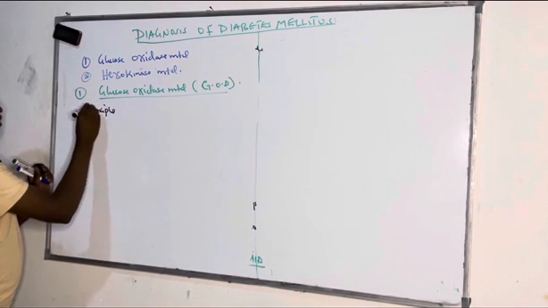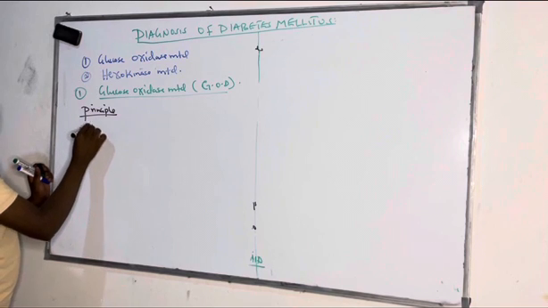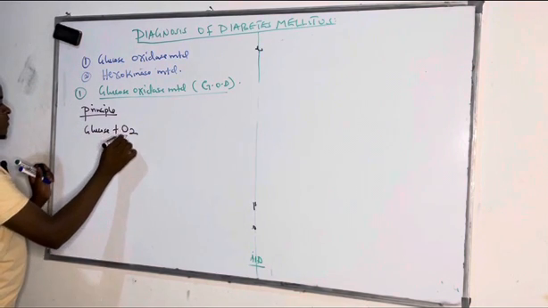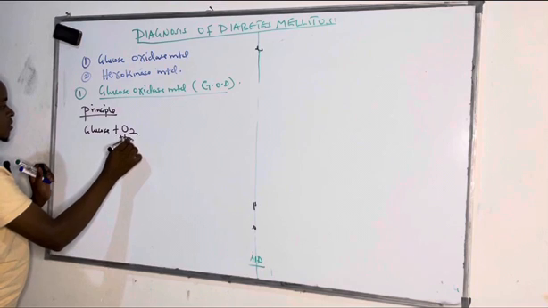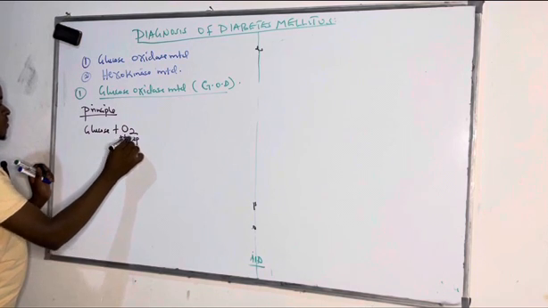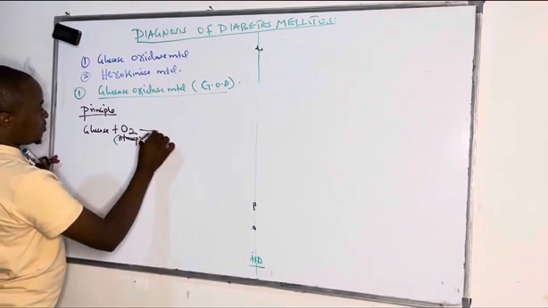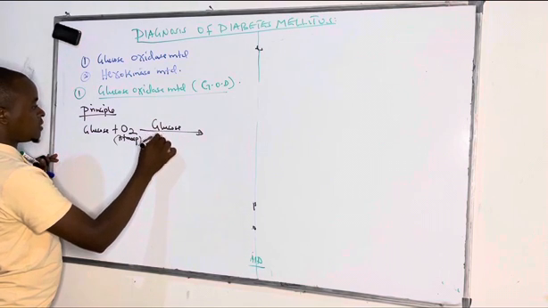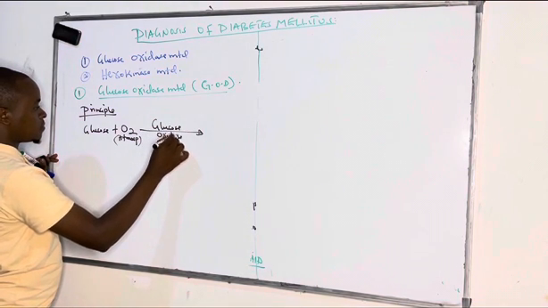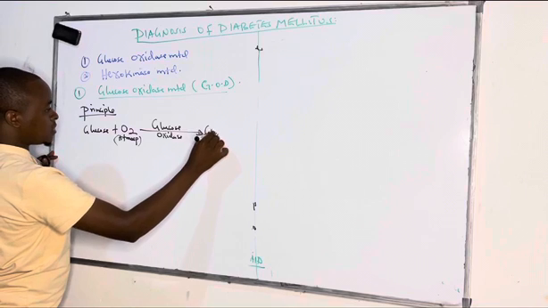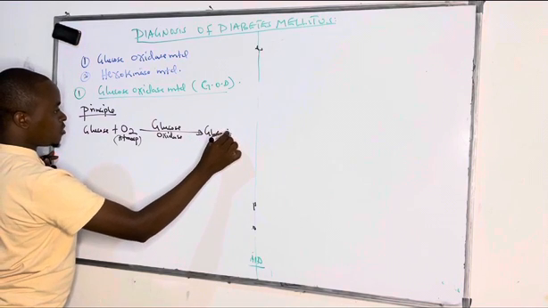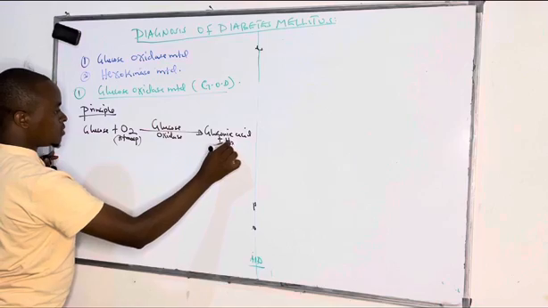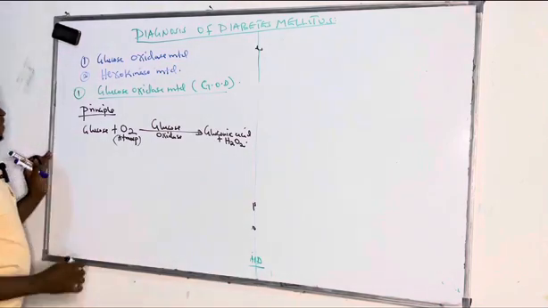It works under the principle whereby if you have glucose in your blood sample, it reacts with atmospheric oxygen in the presence of glucose oxidase to form gluconic acid plus hydrogen peroxide.